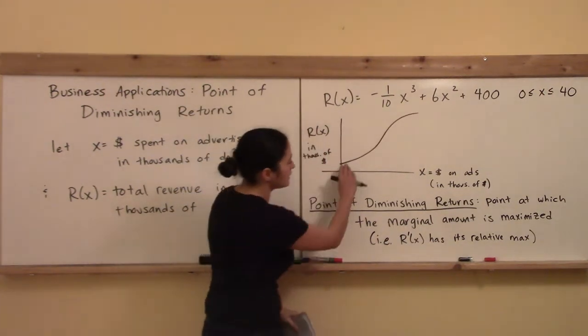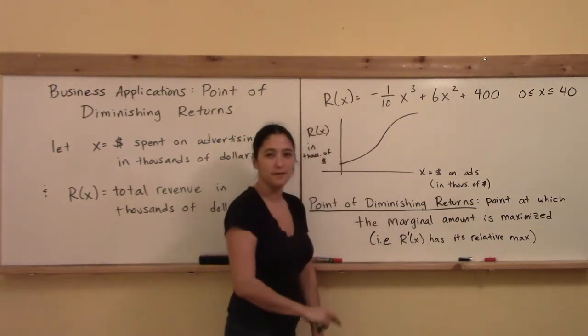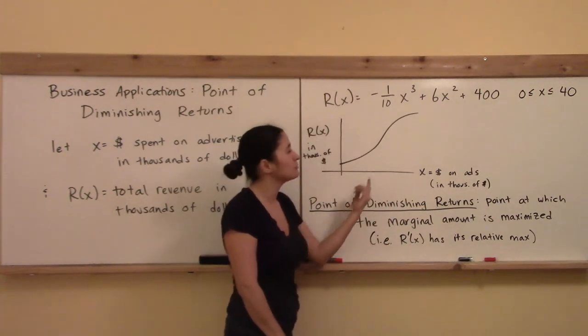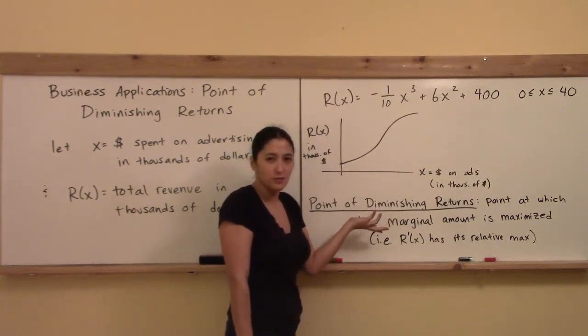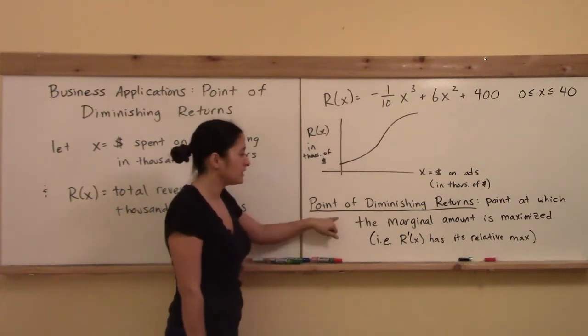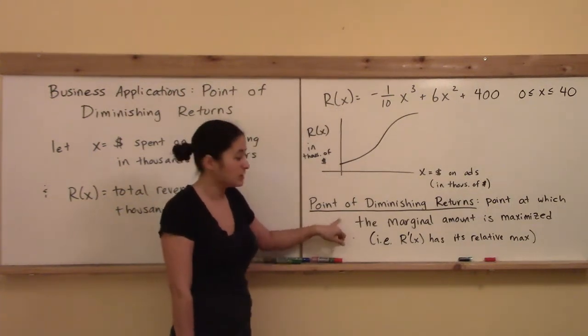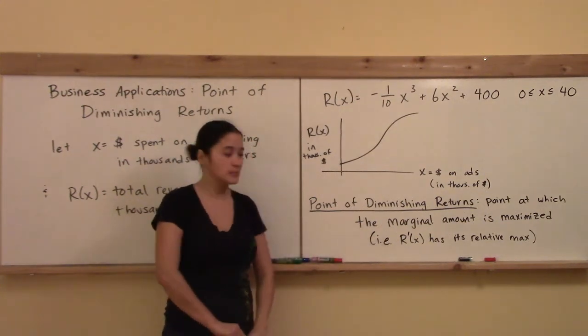And so you can see that it's clearly concave up here, and it's clearly concave down there. However, it's not so clear to me exactly where it changes sign. Where does that inflection point occur? Well, I really care exactly where it occurs, because that's the point of diminishing returns. That's going to be the place where my r prime has its relative max.